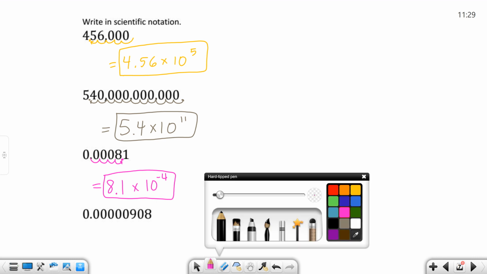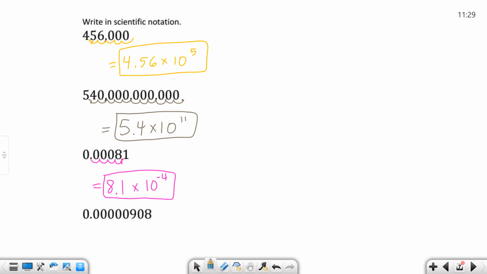And then the last one on this page. What do I do here? Let's see. The new decimal needs to go where? You say between the 9 and the 0. Well, the 0 before the 9 or after the 9? That's right, after the 9. Okay? So there's the new decimal. So we move it 1, 2, 3, 4, 5, 6 places.